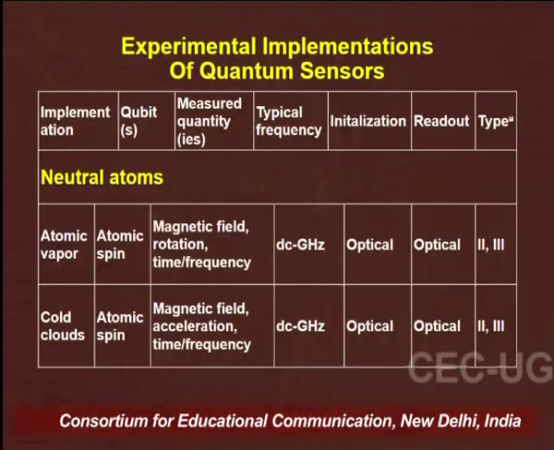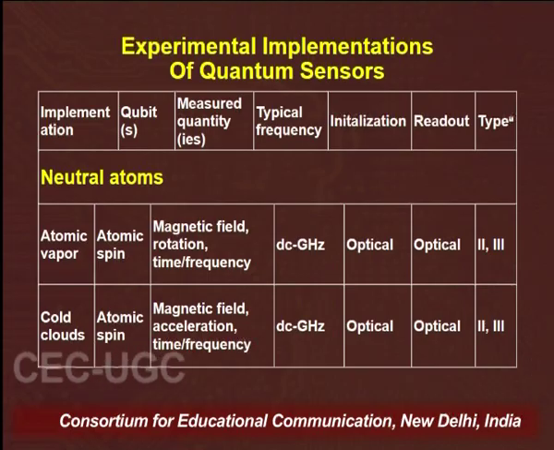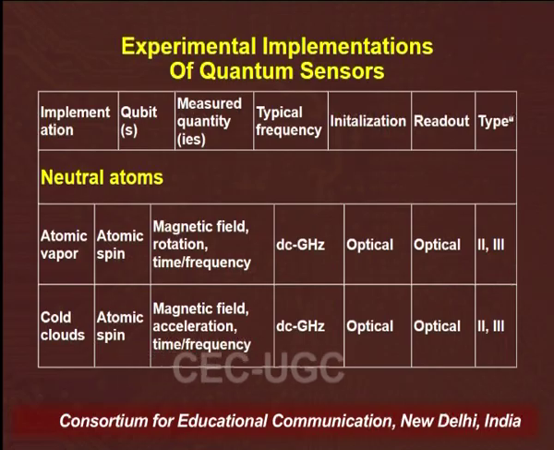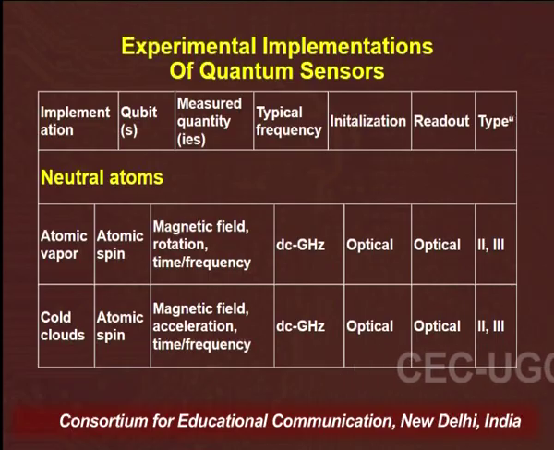Basically, experimental implementations of quantum sensors are based upon their action, like neutral atoms: how we will use them, what qubits we are using, what we are measuring, the measured quantity of the sensor, and the typical frequency we are using for the particular sensor.